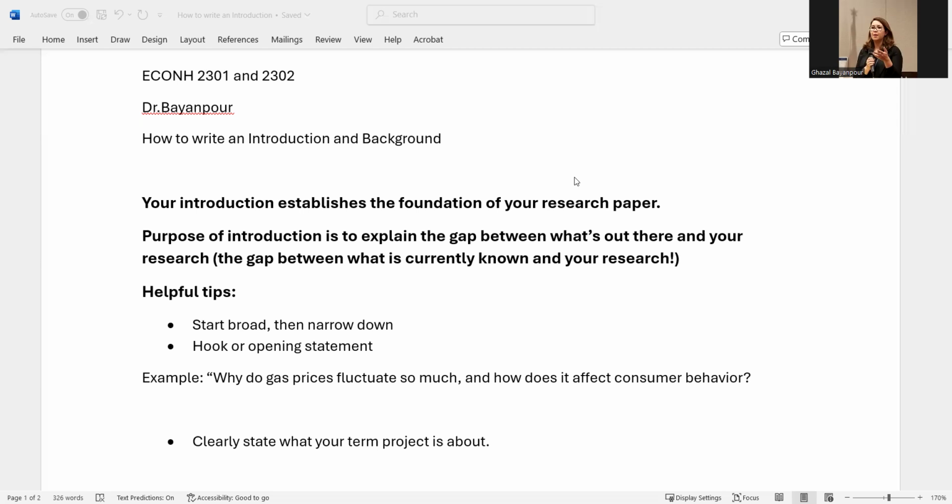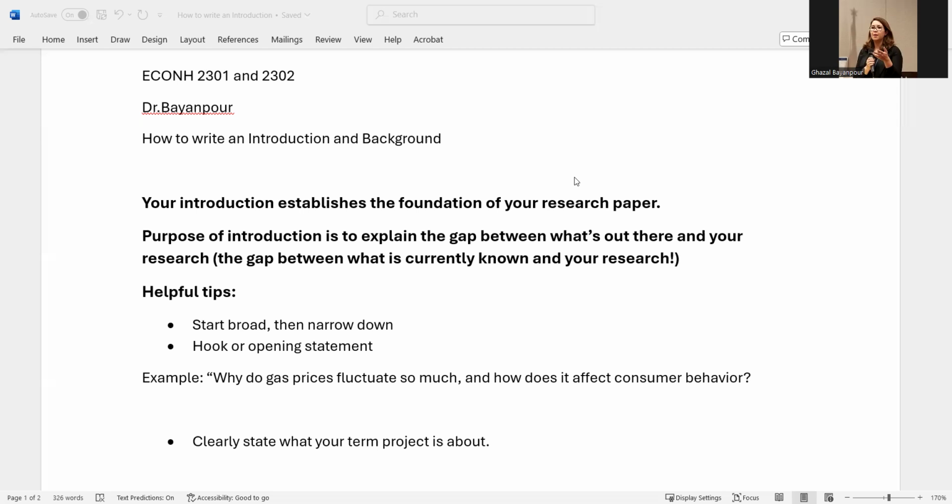So basically, in the introduction, you are going to introduce what is known regarding your research, what is not known in regard to your research question, and how you are going to fill the gap between what's known and what's unknown. That's the purpose of the introduction.